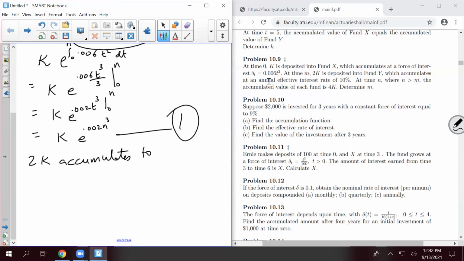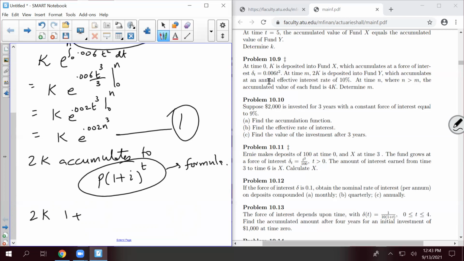So what's the formula for compound interest? P times 1 plus i to the power t. Yeah, that's the formula. So the principal for this one is 2K, and it would be 1 plus 0.10, and we agreed that it sits for N minus M time.